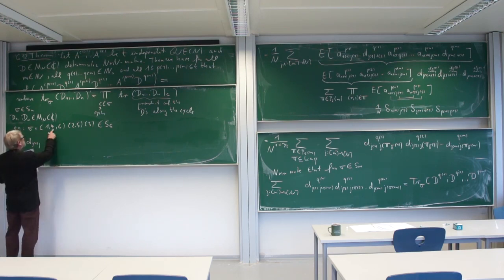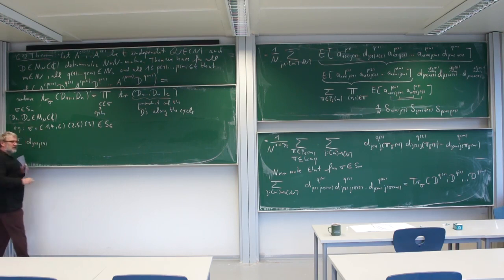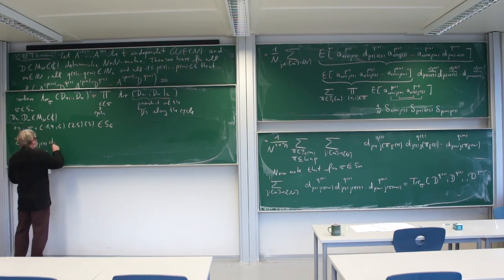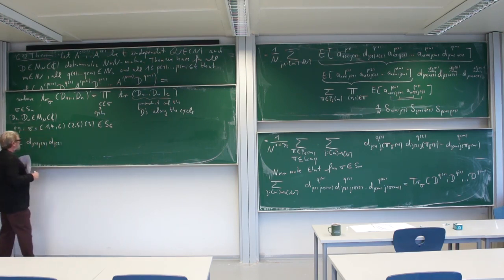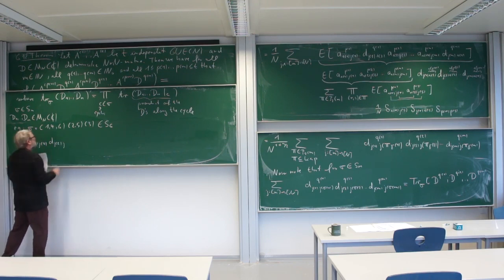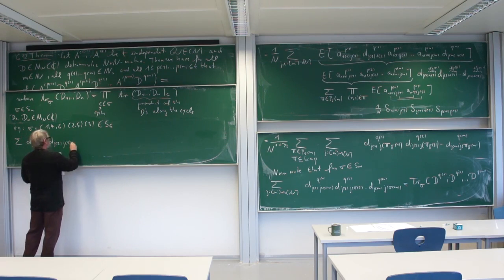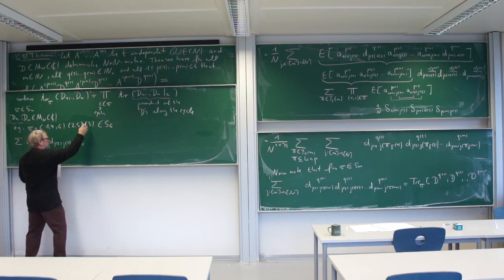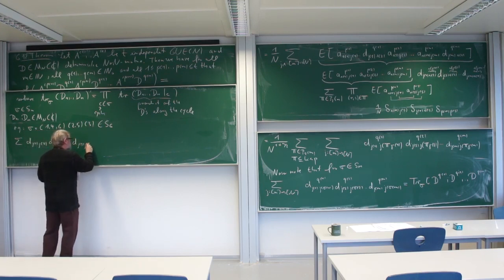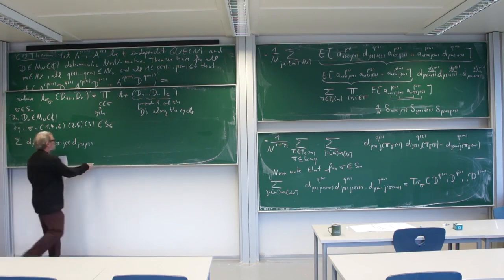So sigma of 1 is 4. So I have here J of 4. The next one, I have D_2 with J2, and then J of sigma of 2. Sigma of 2 is 5. Then I have D_3 with J3, but now I'm taking J of sigma of 3. 3 is a fixed point, so I have here again J3.